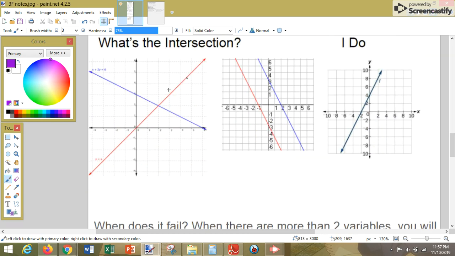What's the intersection? For this first graph, there's only one intersection right here at (2, 2). That's your solution to the system. This one we have 2 parallel lines, so there's no solution to this system.